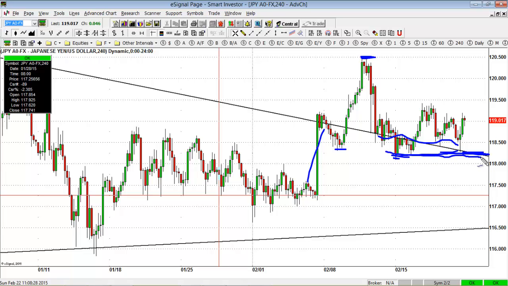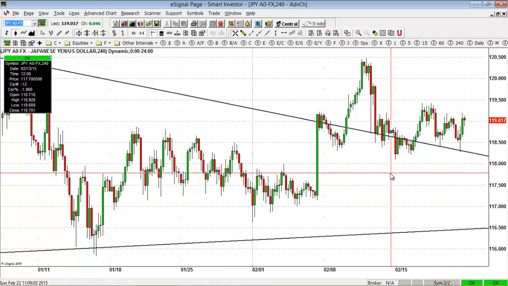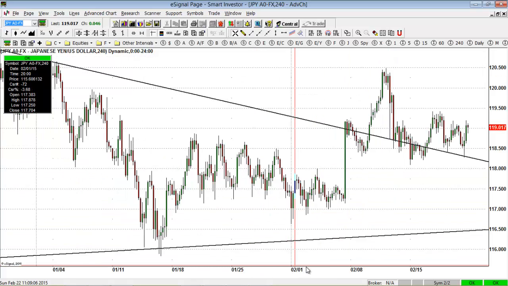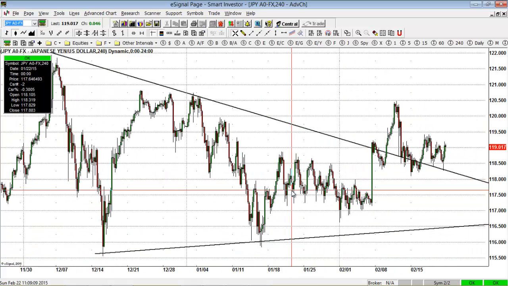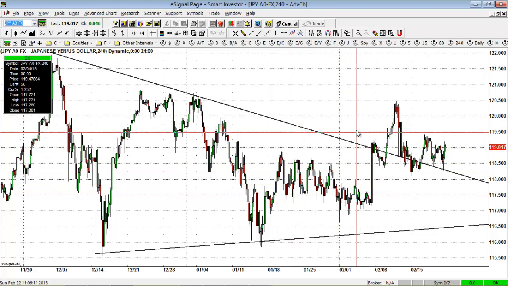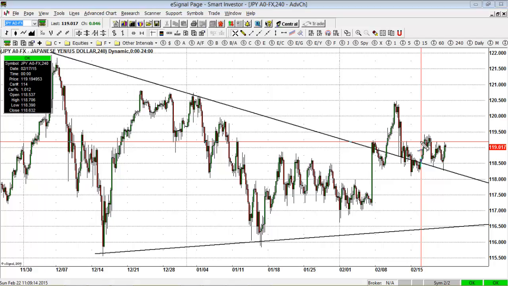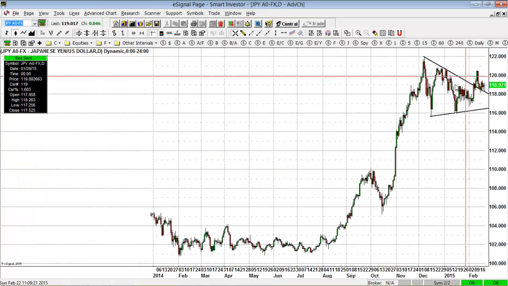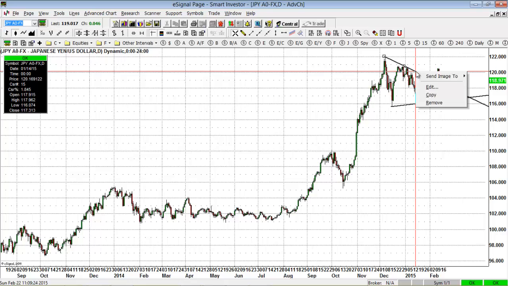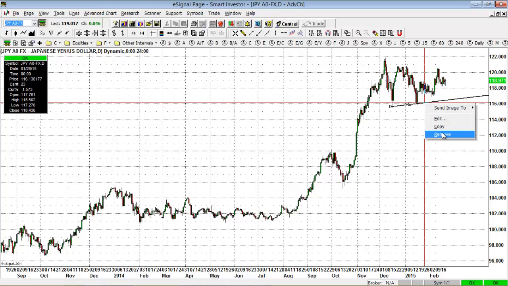So support is down at the 118 level, and medium term resistance is at 120.50. For you position players, you would want to see the market punch above 120.50 to have confidence that this market is heading to the upside. So you have intermediate support at the 118 level, and longer term support down at the 116 level. Let me just show you on the daily chart and remove this trend line here.